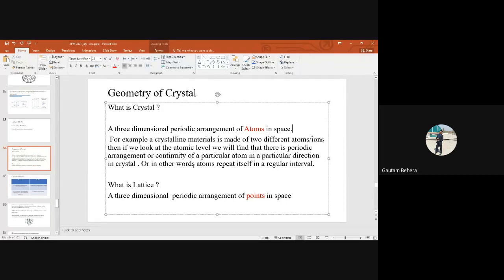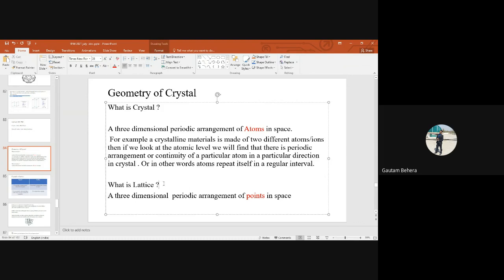Or in other words, atoms repeat themselves at a regular interval. So that is a crystal. After a particular distance, the atoms will repeat themselves, right? If it is a group of atoms, then it will repeat in a group manner. Fine.